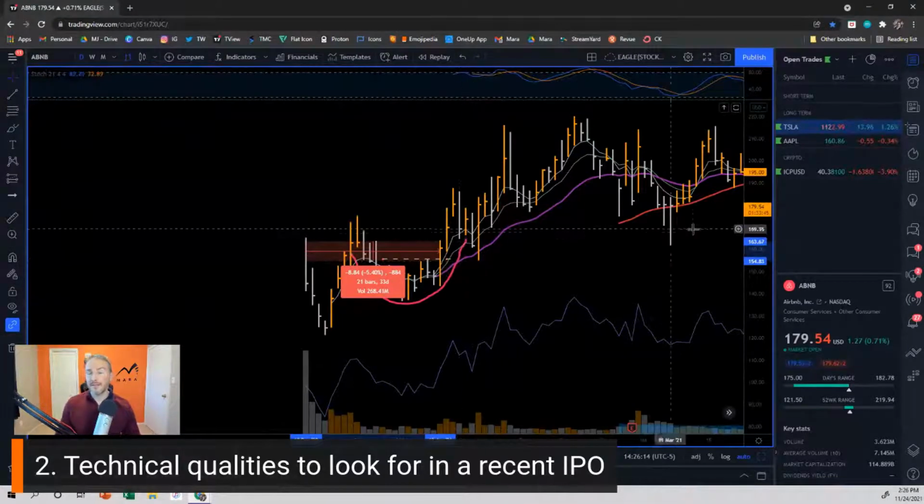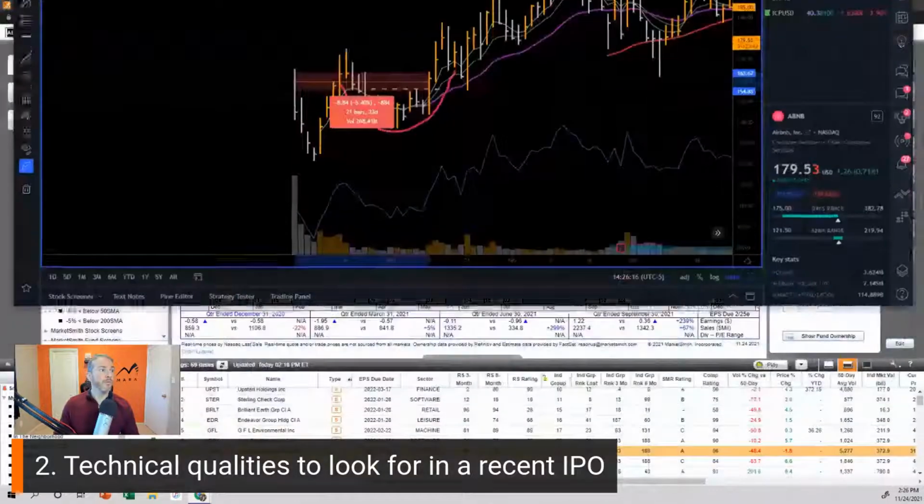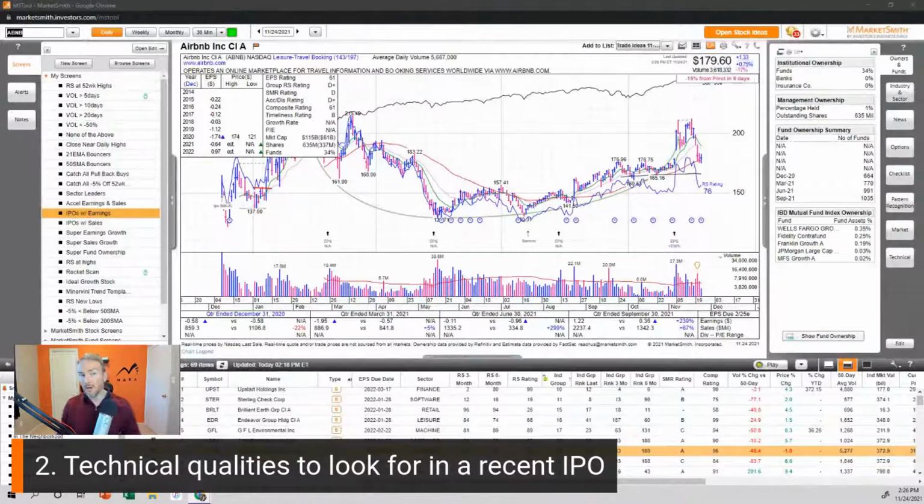So the idea here is that you want to be screening for IPOs, putting the IPOs onto your watch lists, and then continuously monitoring those IPOs to see if and when they form these types of setups.